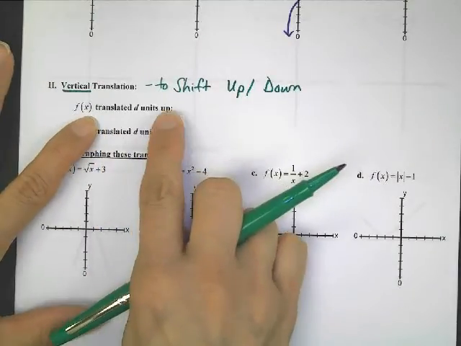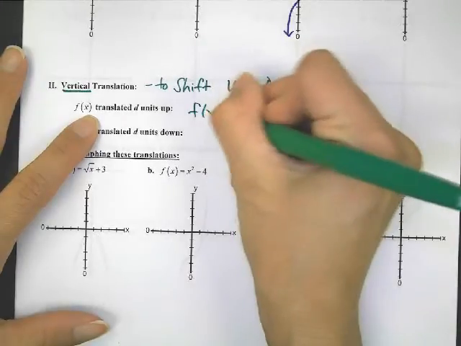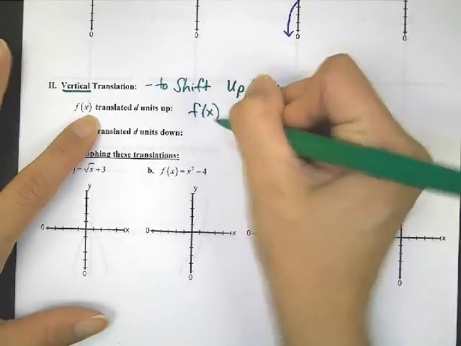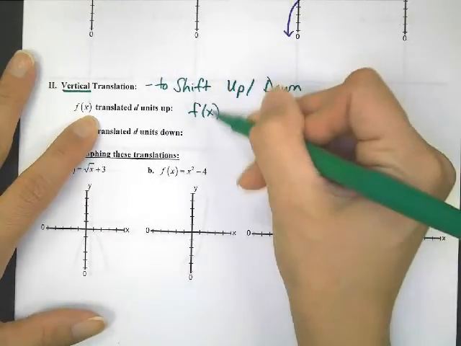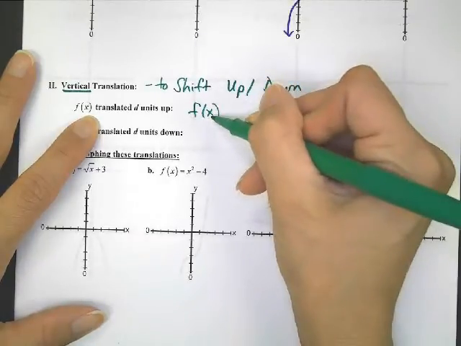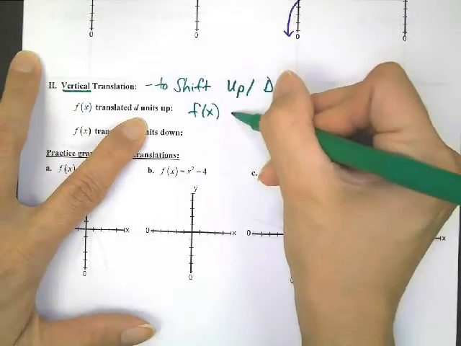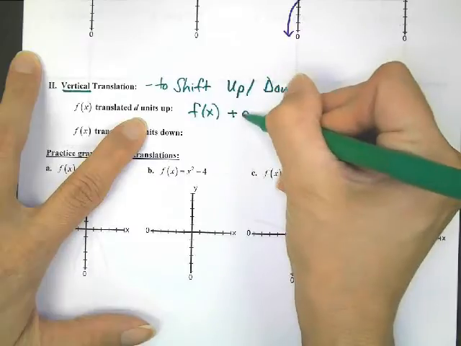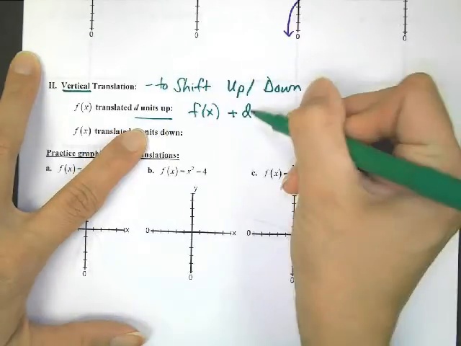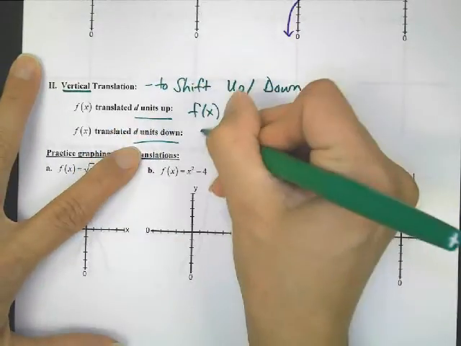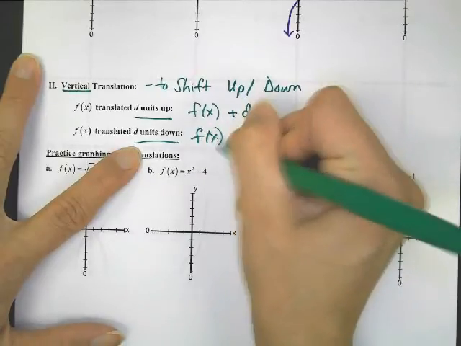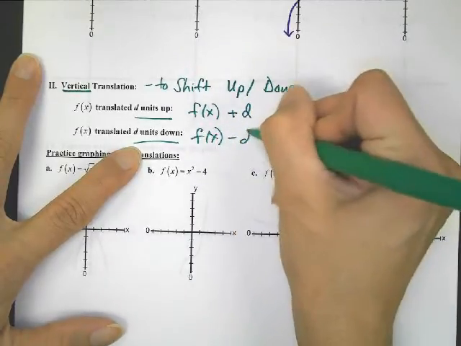So if you're going to translate it up, then it's going to be f of x. Stop your function. Stop the radical. Stop your absolute value. Stop everything. And then outside, you're going to put plus d. Up d gets a plus. How do you go down? f of x, stop your function, and minus d.